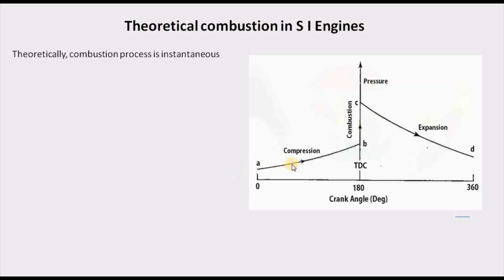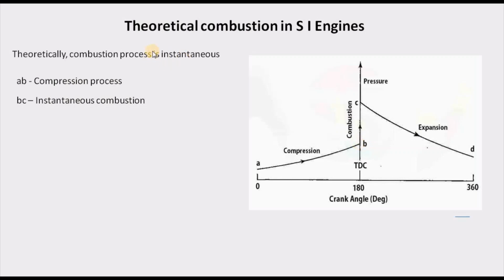As the piston moves toward TDC, that is top dead center, we can see that the pressure increases. A to B is the curve indicating the compression process. During the compression process the pressure increases, and at B we give the spark. Theoretically, we ignite the mixture when the piston reaches TDC.